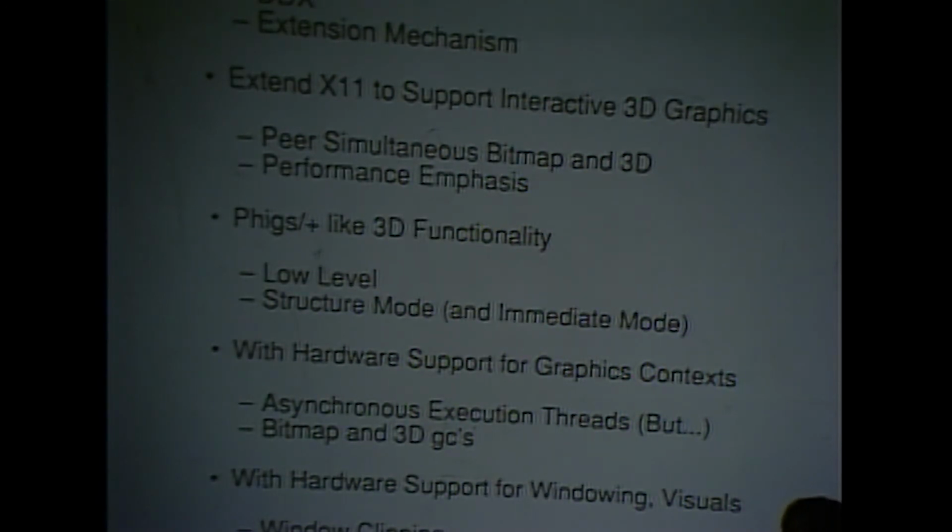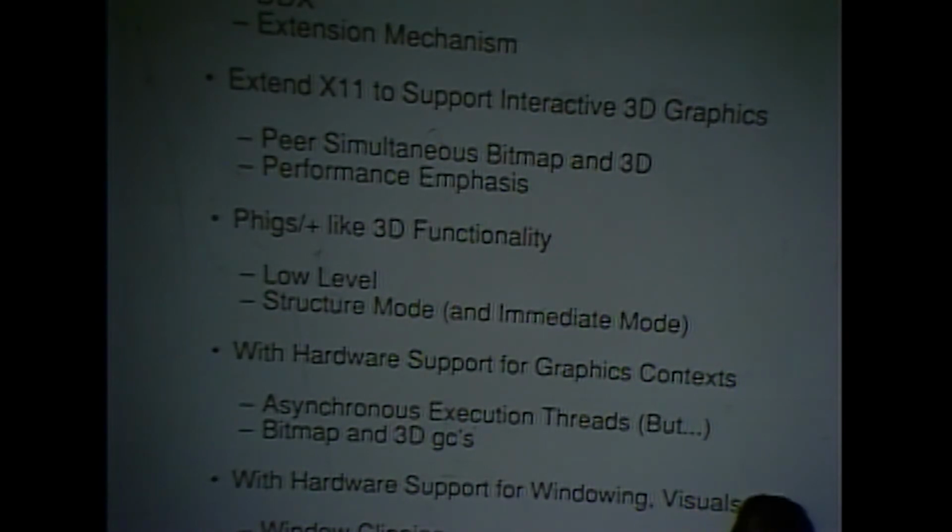We went through the designs on that and didn't do that again due to time. Regular X is an immediate mode style of interface. In structure mode, you create a graphics data structure in the space of the server that describes the object that you want to print or display.